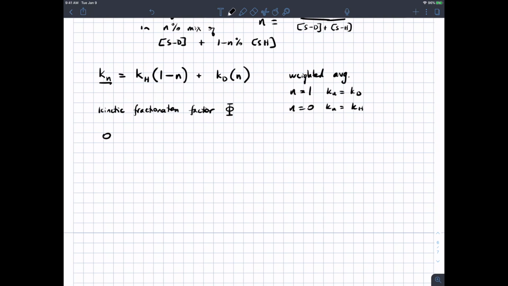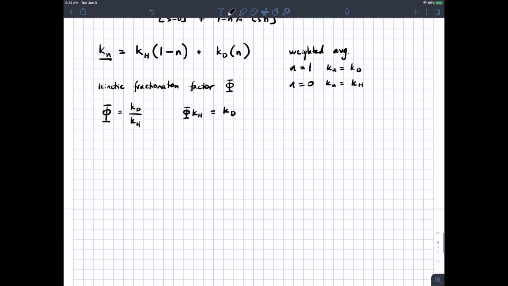But we're going to define that kinetic fractionation factor as the ratio of the intrinsic rate for deuterium over the intrinsic rate for the proton. And we can rearrange that to say that capital phi times the rate constant for the proteated reaction is equal to the rate constant for the deuterated reaction.